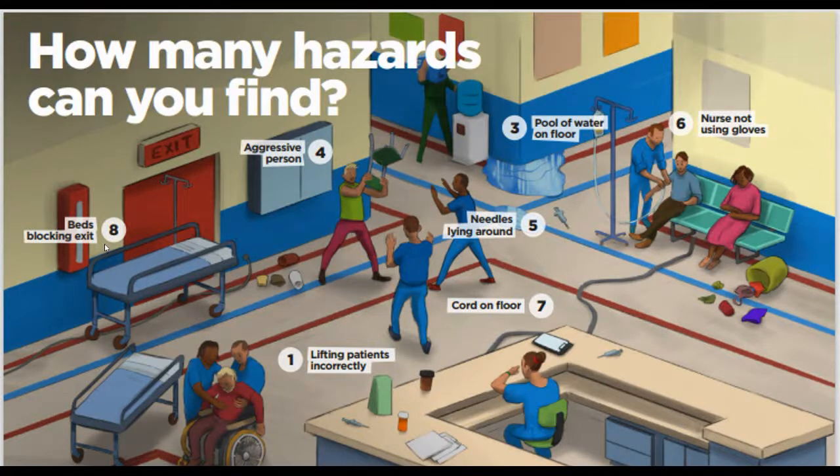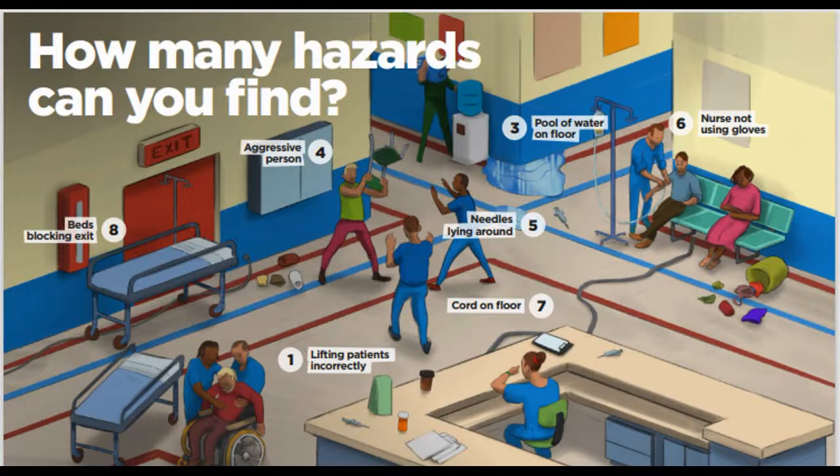And then the bed blocking the exit. This is the fire exit. A fire exit is very important, especially during a fire emergency. So it is not suggested to block any fire door.